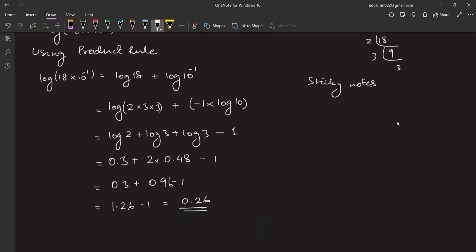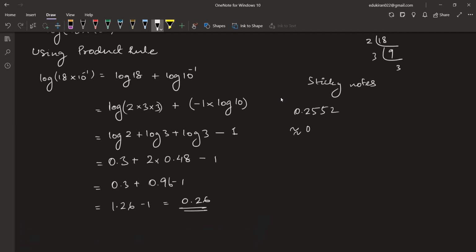Calculate and tell me, it is equal to how much? 0.255, 0.2552725.